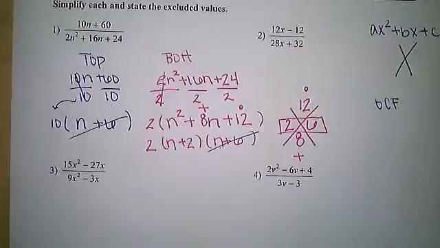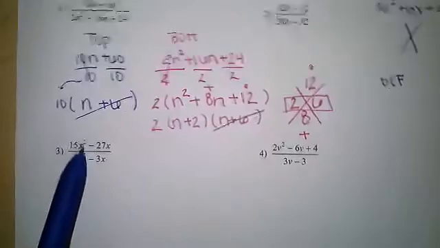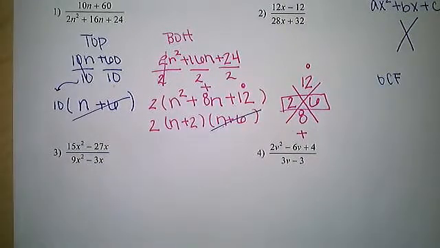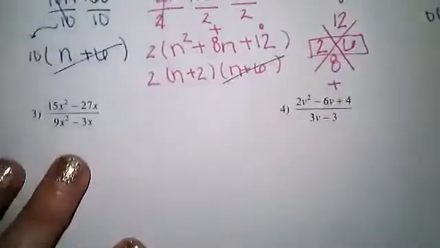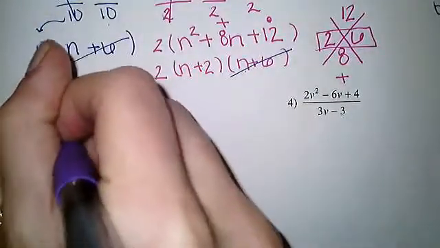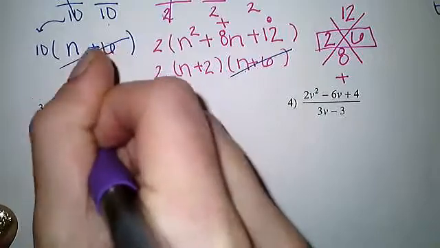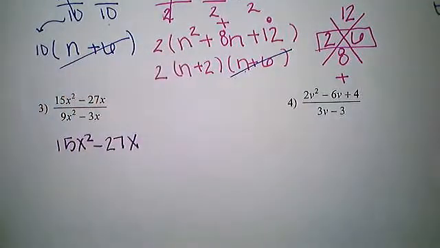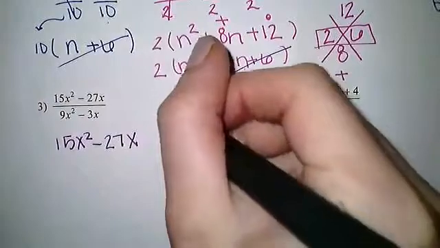Number 3 might be a good one to do because it has that x squared and it also has x for both of these. So it's a little bit different in terms of the GCF. So if you write out your top, you don't have to write the word top unless you want to. Have your bottom.